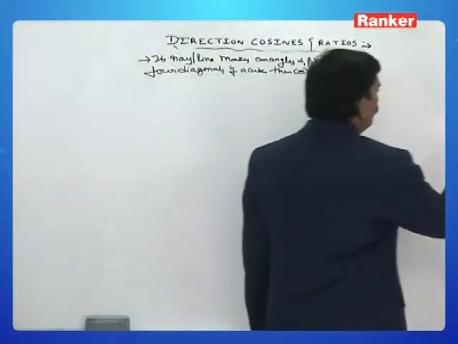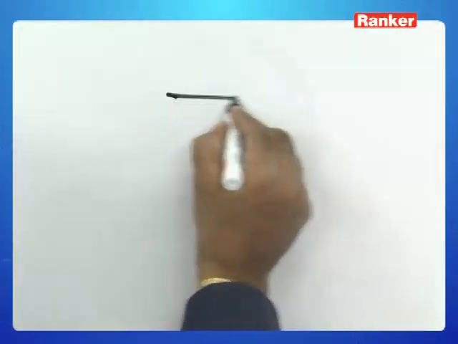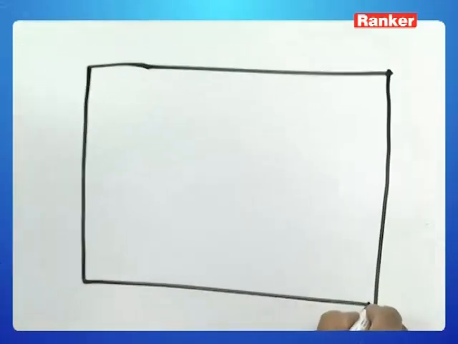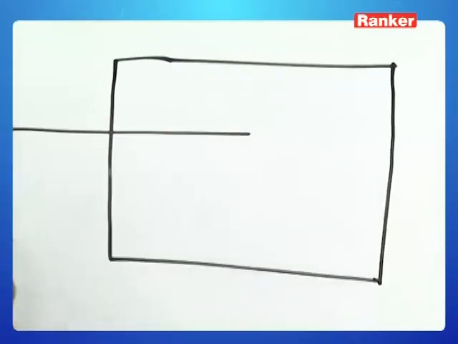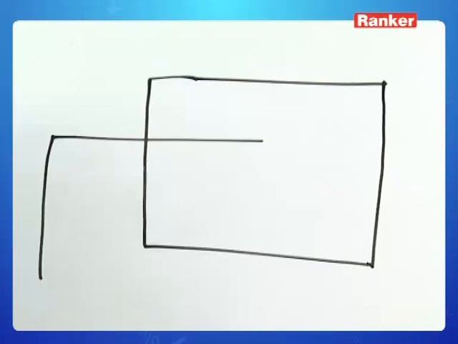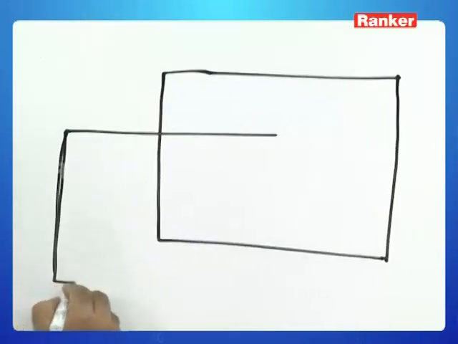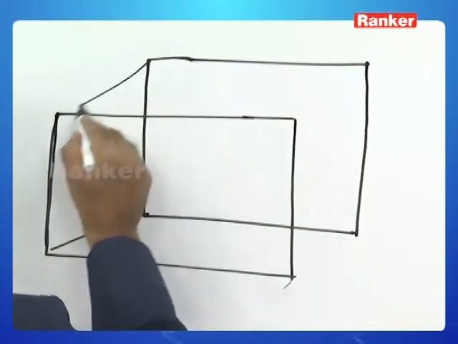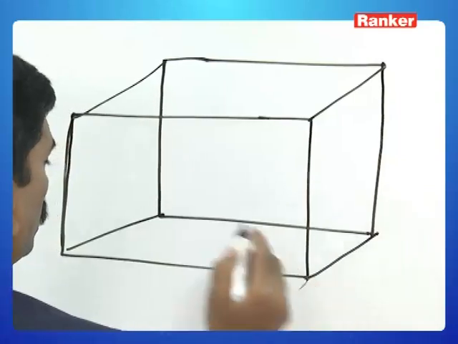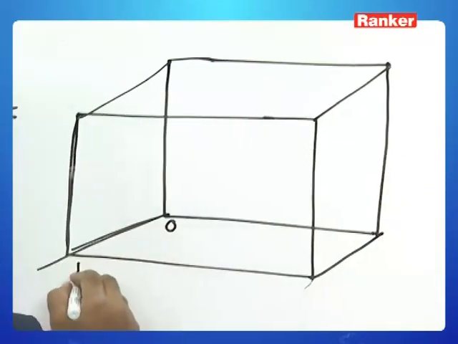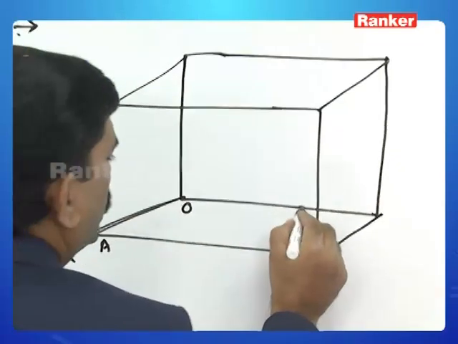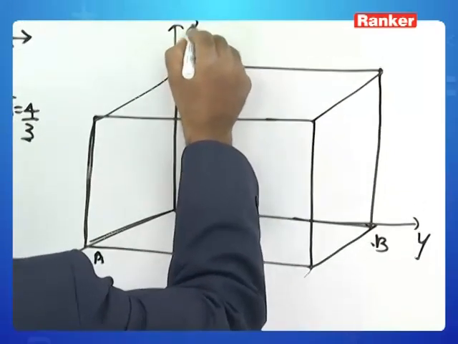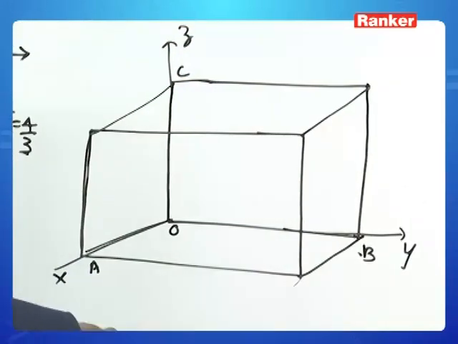Now let us see what I can do. This is O, A, x-axis, this is Y, B, z-axis, C. This is origin.